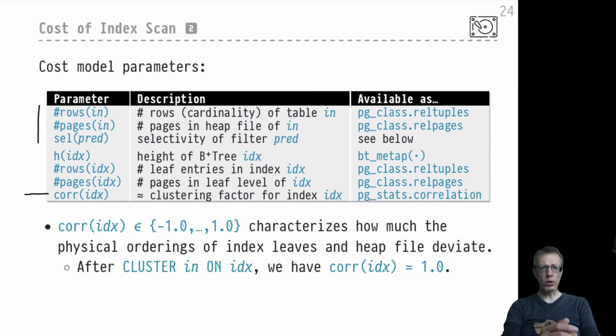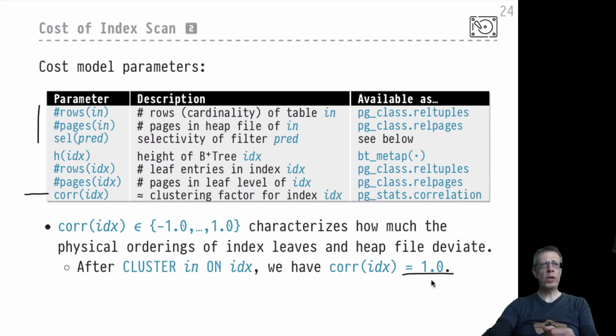If that ordering is actually inverse, then we would have a correlation of -1. So after clustering, we would expect a correlation of 1, and we will play with such an experiment when we switch over to the terminal.